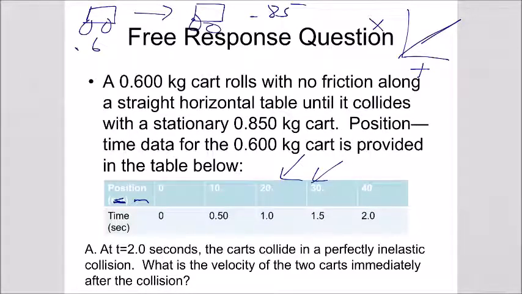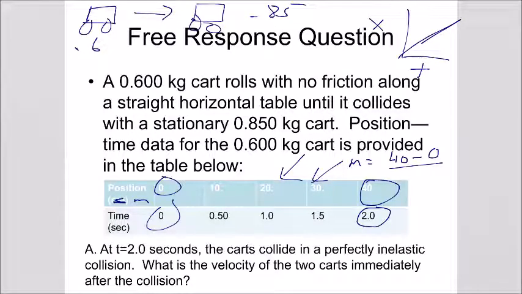So we want to use these points to calculate a slope. The slope equals change in y, because we graph position on the y, so I'll take the last y, 40, minus the first y, 0, over change in x, 2 minus 0. So 40 divided by 2, our slope is 20 meters per second. That's our initial velocity of cart A, the 0.6 kilogram cart.